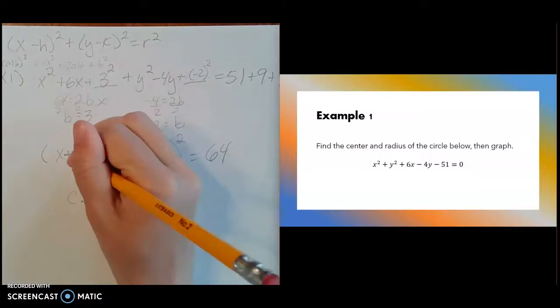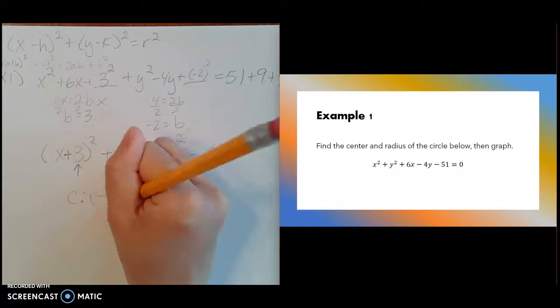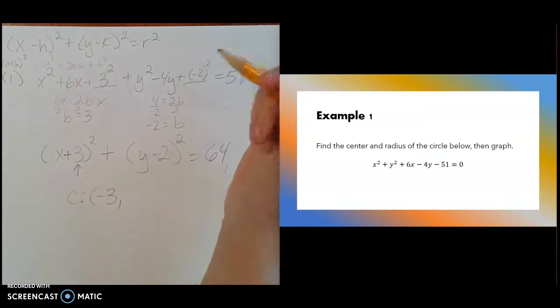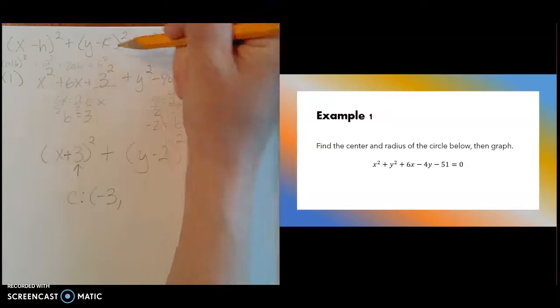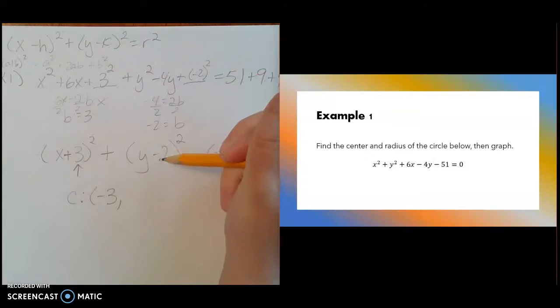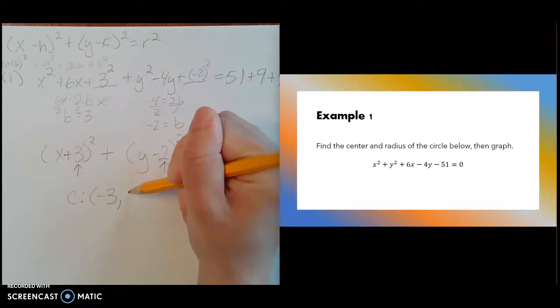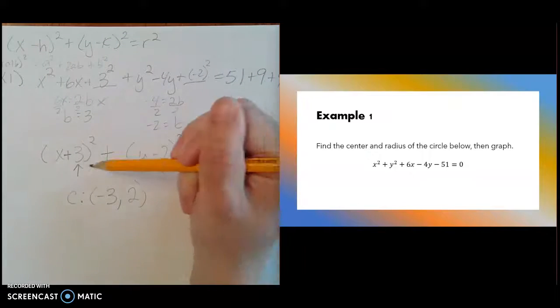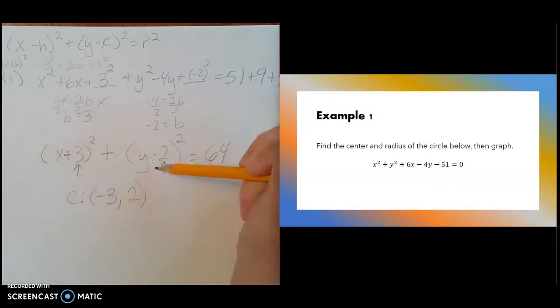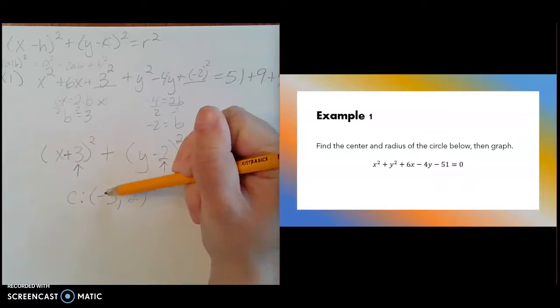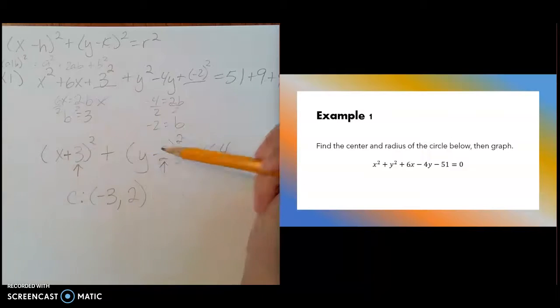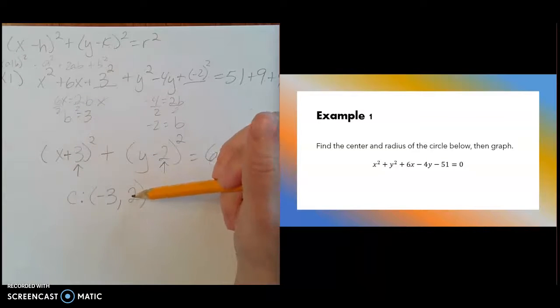My center, the x coordinate, is going to be negative 3, not positive 3. It's y minus k, right? And this is y minus 2. So positive 2 is the y coordinate. It basically looks like the opposite of whatever's in here is the coordinate. Okay, so it's negative 3 for the x coordinate, positive 2 for the y coordinate.